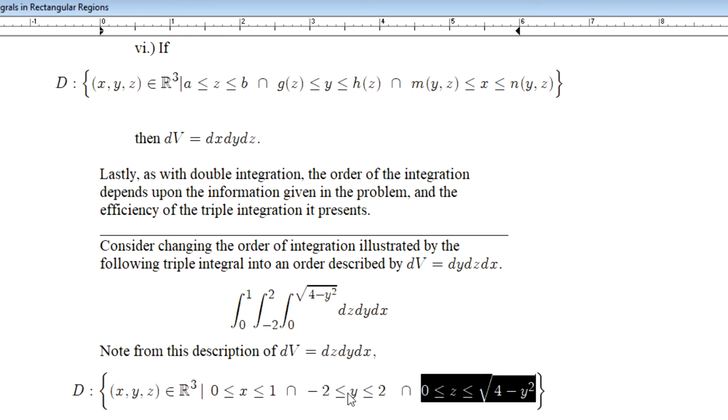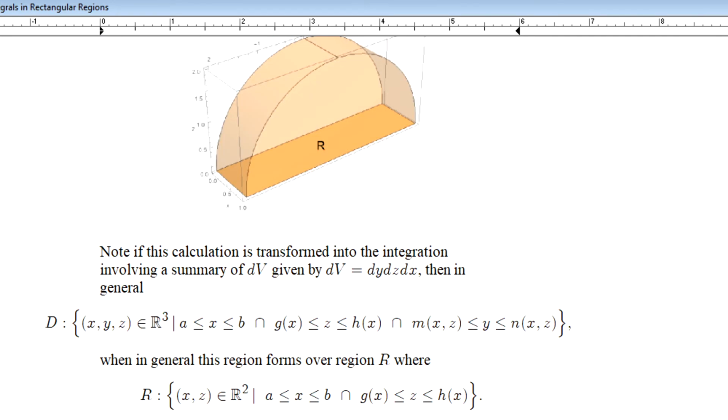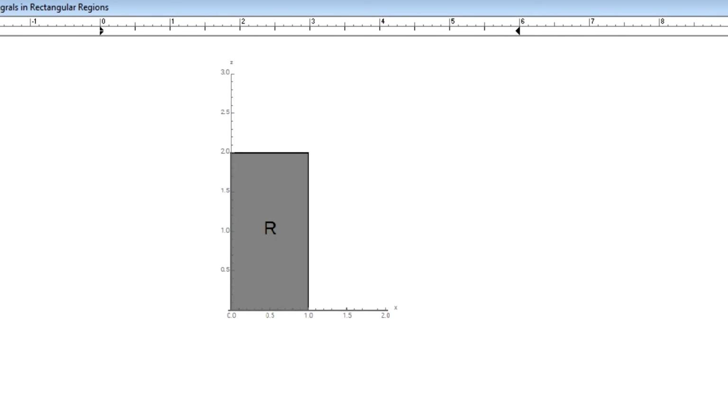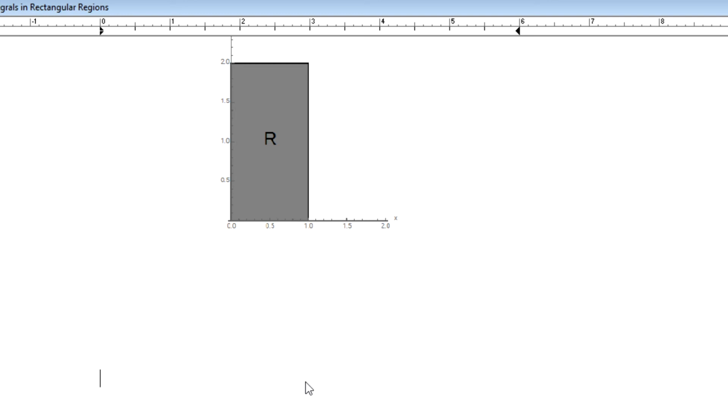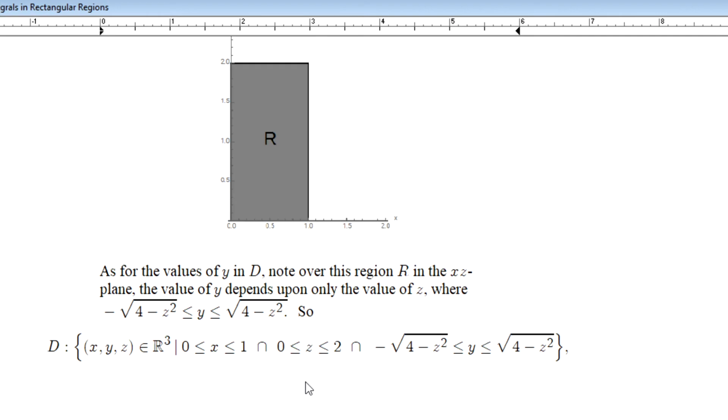Notice the relationship described by these bounds only depends upon y and z in our initial description. So when we consider changing the roles of y and z in this organization, y is only going to be dependent upon some description of z. And if we think about that description of z here, all right, let me scroll this up into place. We might say this overall about the values of z. All right. As for y in D, note over region R in the xz plane, the values of y depends upon only the value of z, where y is actually stuck between the lower quarter of that cylinder and the upper quarter of that cylinder.